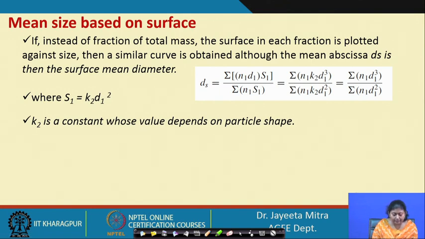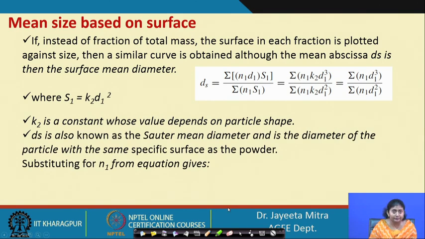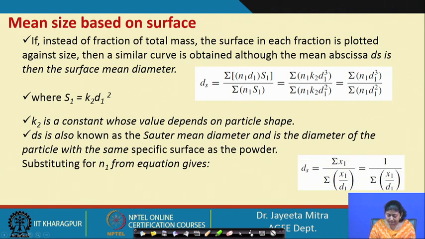K2 is a constant whose value depends on the particle shape, as it is the same for all other cases. ds is also known as the Sauter mean diameter, and it is the diameter of the particle with the same specific surface as that of the powder. Specific surface means the surface area to the volume.